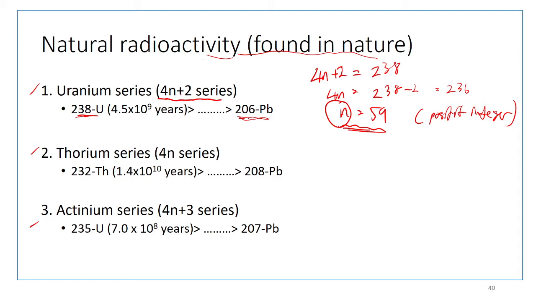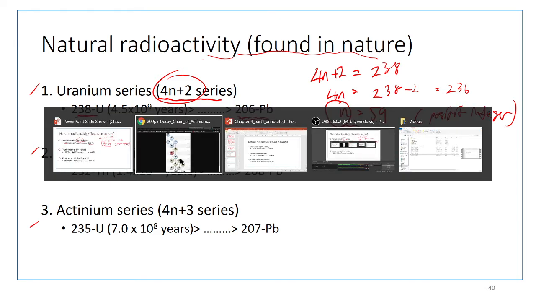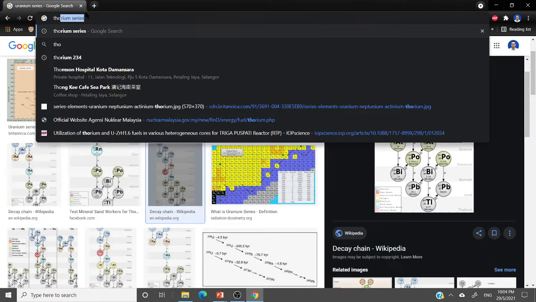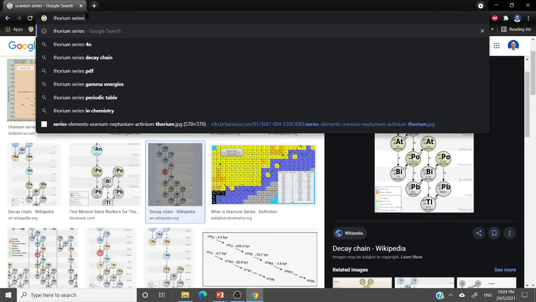So the mass number of any nuclide in the uranium series will follow 4n plus 2, with n a positive integer. And now, let's see the thorium series.